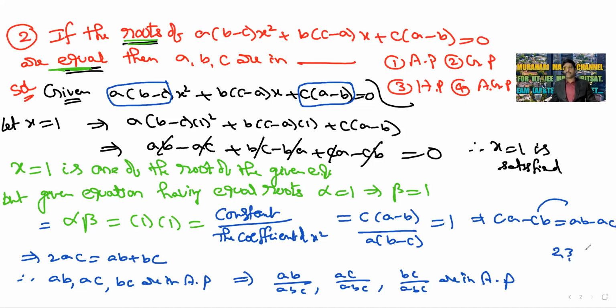2, 3, 4 are in AP. So 2 by 5, 3 by 5, 4 by 5 are also in AP. In the same way, AB, AC, BC are in AP. So divide by ABC: AB by ABC, AC by ABC, BC by ABC are also in AP.